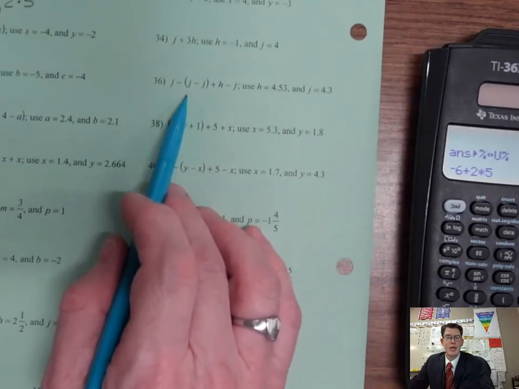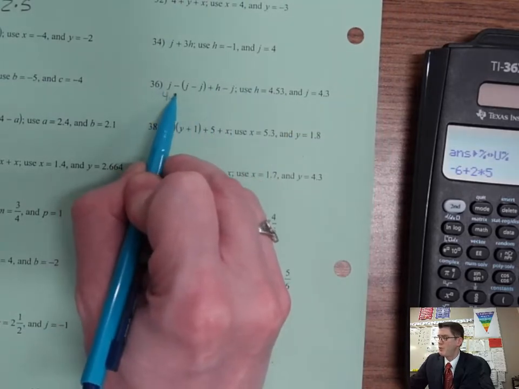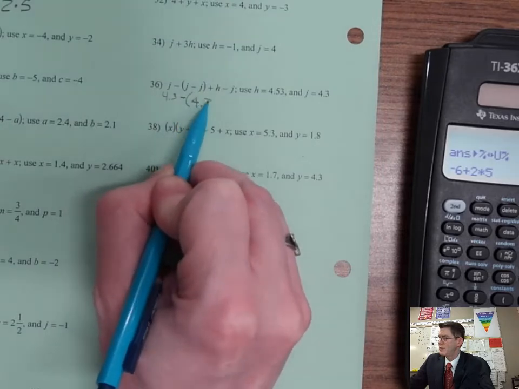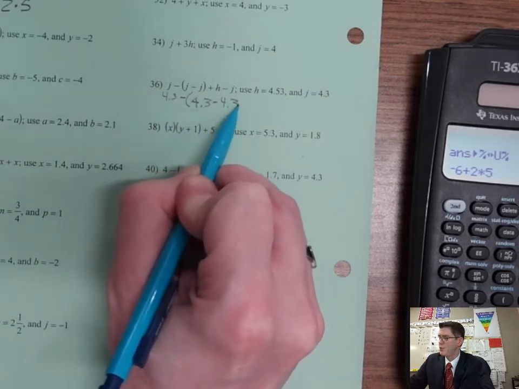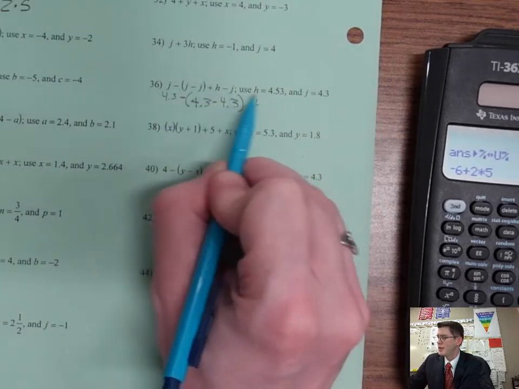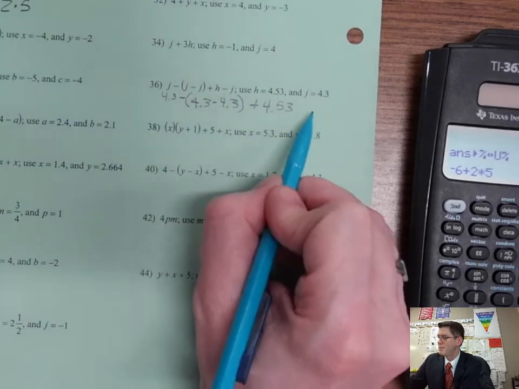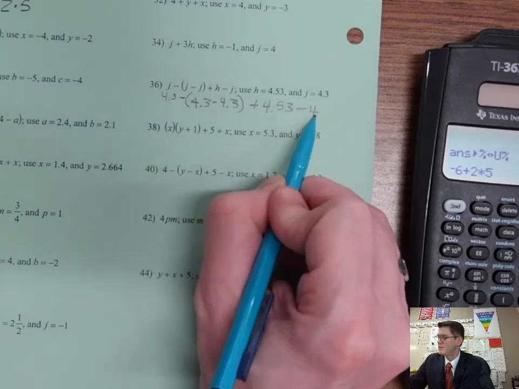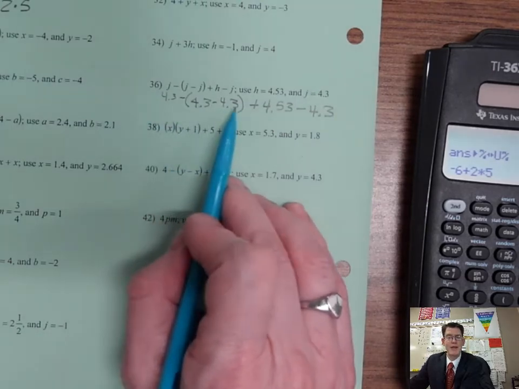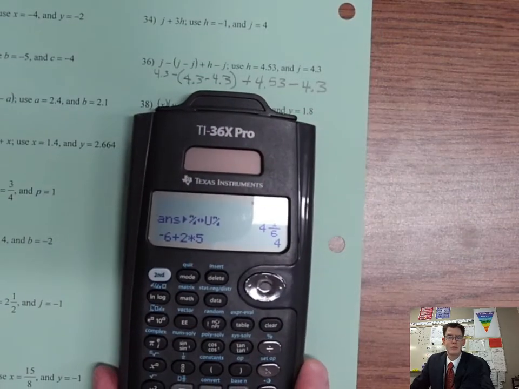Let's say on this one right here, j is 4.3, then we want 4.3 minus 4.3. We're just substituting the number in for the variable, plus h, that's 4.53, minus j, which is 4.3. On this problem, you just type that in the calculator exactly as you see it, and you'll get the answer.